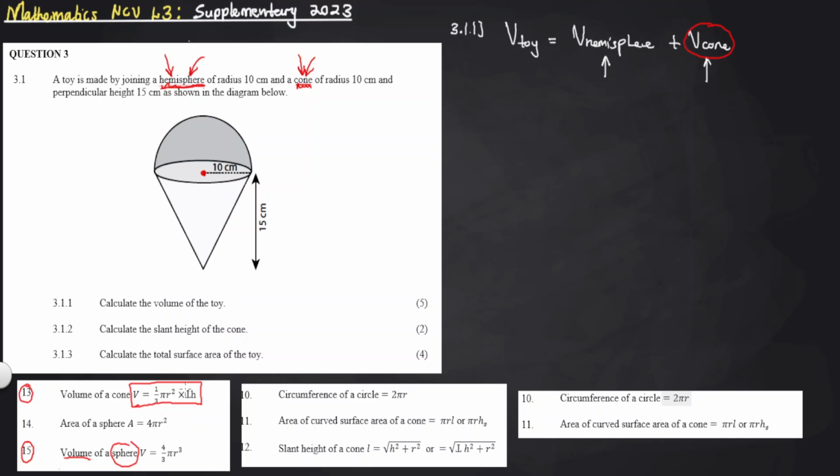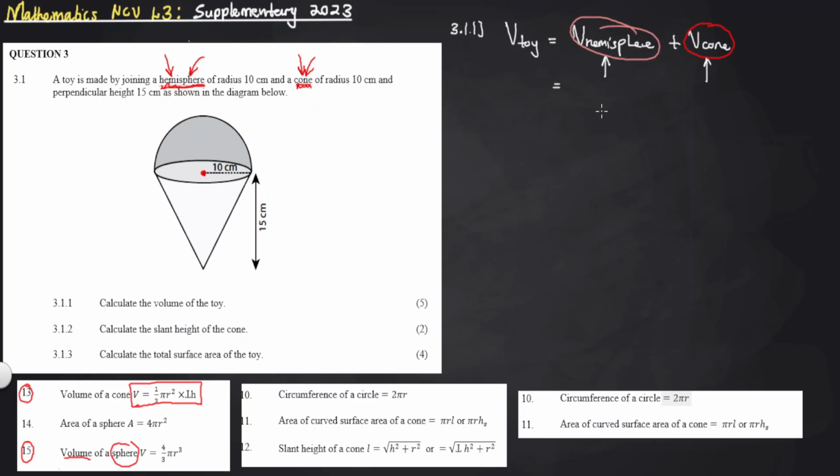But what do we have? We have a hemisphere. We want to find the volume for a hemisphere. So we're going to take this formula and multiply it by a half, or divide it by 2. Then we're going to get a volume for a hemisphere. I now also have the formula for finding the volume of a hemisphere.